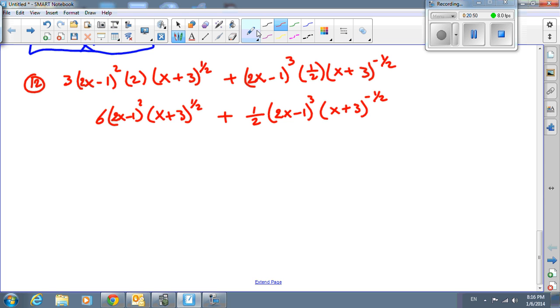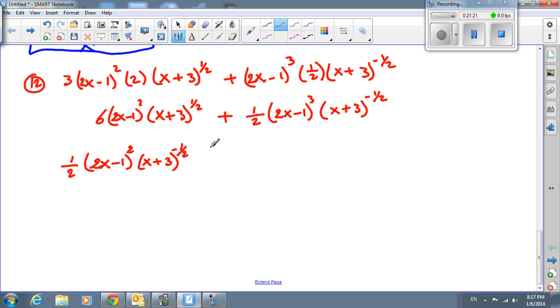Whenever you look for the common factor, you're always trying to pick the one with the lowest power. So among these two, I know that 2x minus 1 will be a common factor, but it will be raised to the power of 2 because that's the lowest power. The next one will also be x plus 3. That is a common factor, and it will be raised to the power of negative 1/2. Well, I can also take a 1/2 as a common factor.